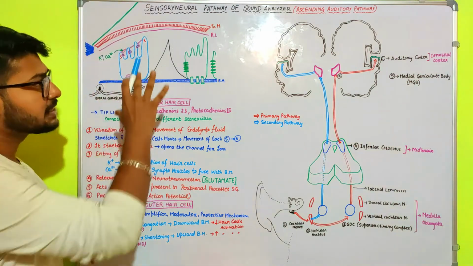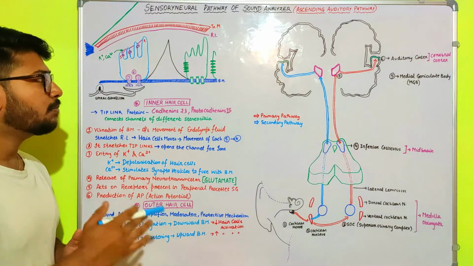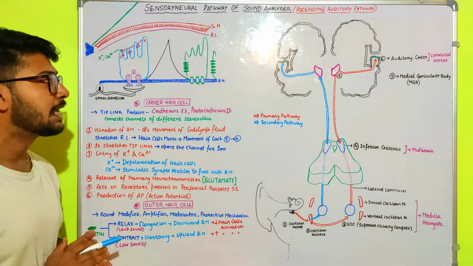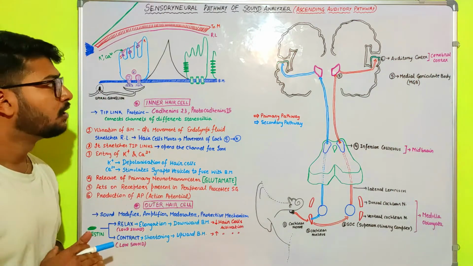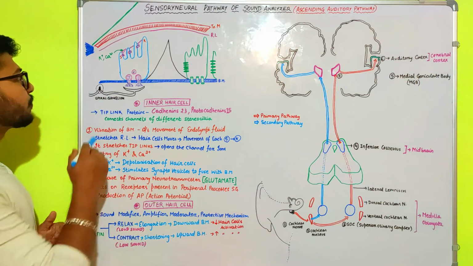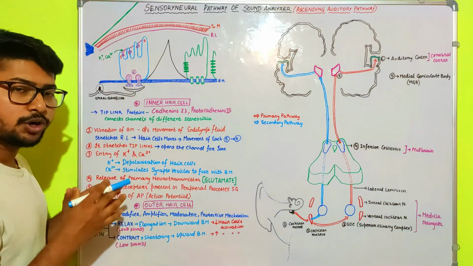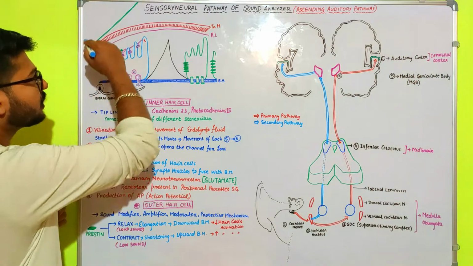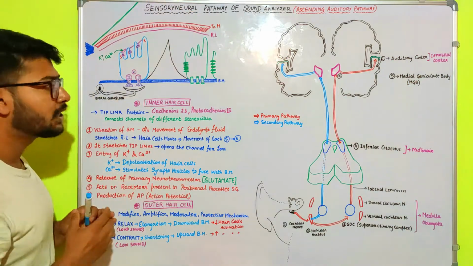This is the picture inside the cochlear duct. In my previous video, I have already explained what structures are present inside the cochlear duct. Let's recap those structures. This is the spiral limbus, or the bony projection that comes from the modiolus, and attached to it we have the walls of the cochlear duct.